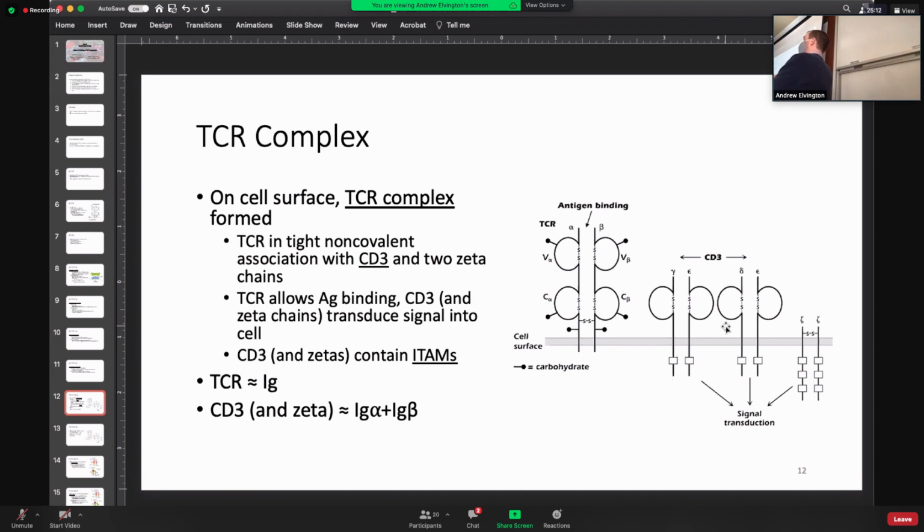That's going to stimulate the program that will lead to cytokine production. And then depending on all the other events that we'll talk about in chapter 11, you could get Th1 or Th2, but you need CD3 to take the message from the outside and deliver it to the nucleus. Yeah, good question.